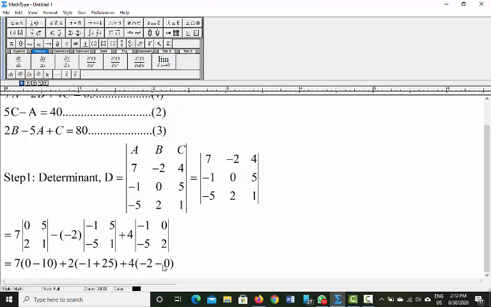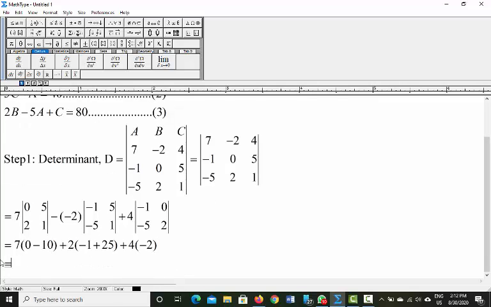You may just ignore this one also. Right. So if you calculate, we will get minus 70.